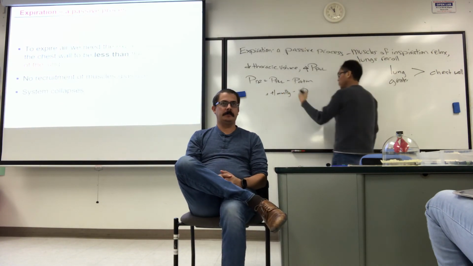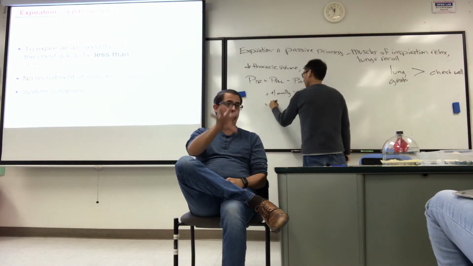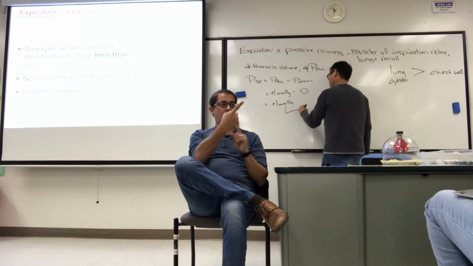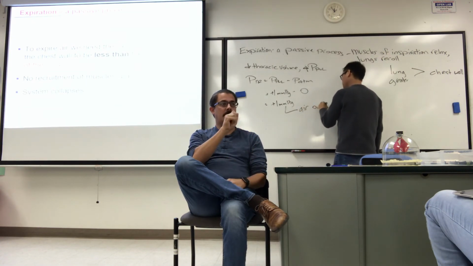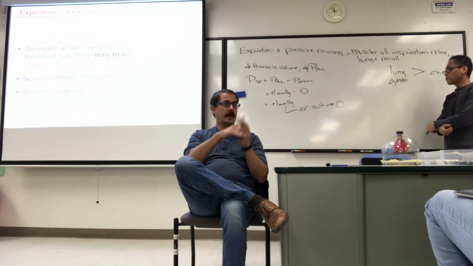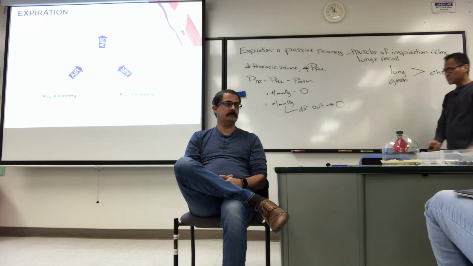Right, so now we've just created the opposite gradient. Now air will just flow out. So the +1 means air out until you equilibrate to 0. And that's all it is in terms of the math, but I did an animation.